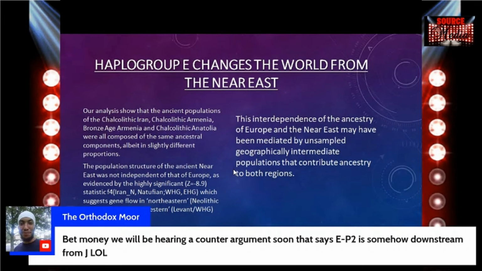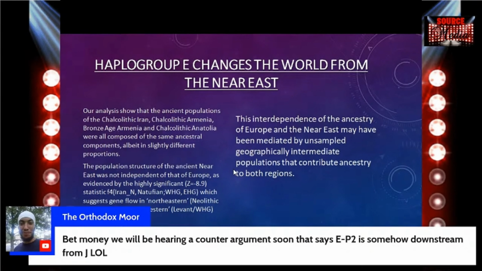Our analysis showed that the ancient populations of Chalcolithic Iran, Armenia, Bronze Age Armenia, and Chalcolithic Anatolia are all composed of the same ancestral component, albeit in slightly different proportions. The population structure of the ancient Near East was not independent of that of Europe, as evidenced by the highly significant statistics, which suggest gene flow from northeastern Neolithic Iran and eastern hunter-gatherers, which is, again, pointing out these J markers, and southern western Levant and western hunter-gatherers interaction.